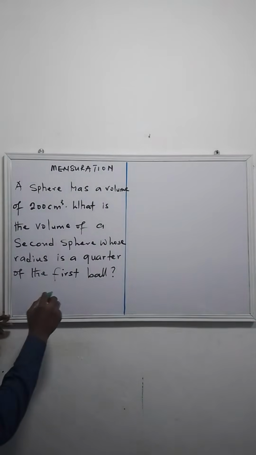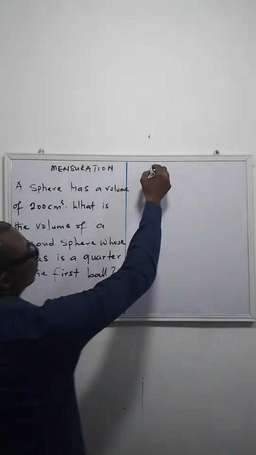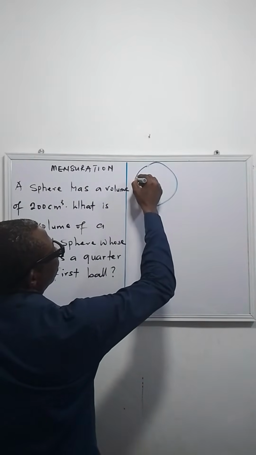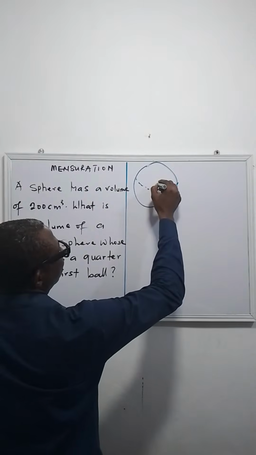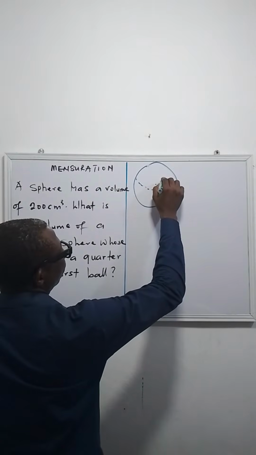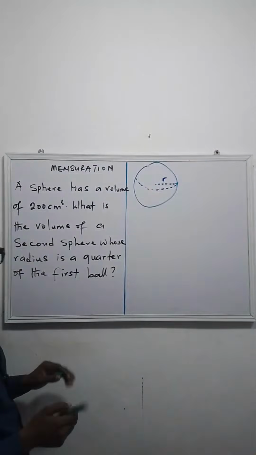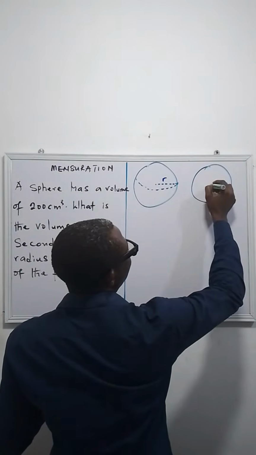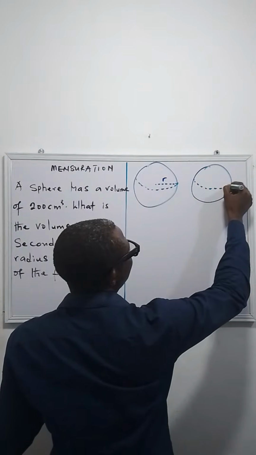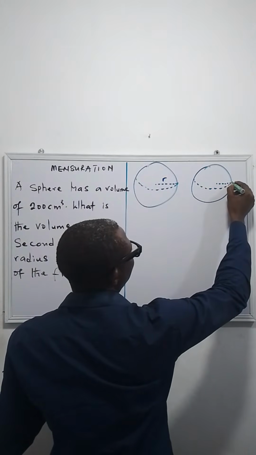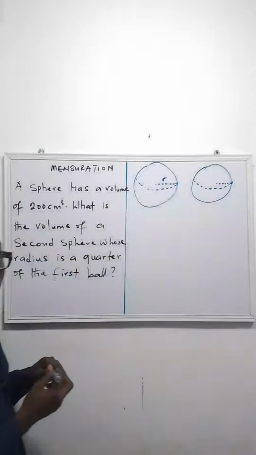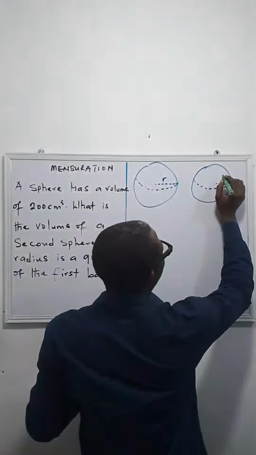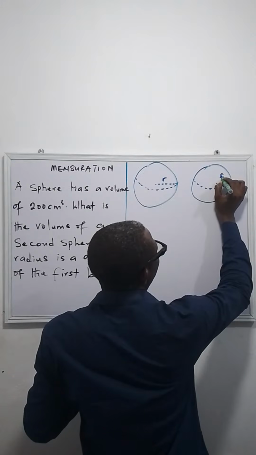Okay, we have the first ball. This is the first ball. It has a radius of, let's say, r. All right, so we now have another ball which has a radius which is a quarter of this first one. So that means the radius here is r over 4.